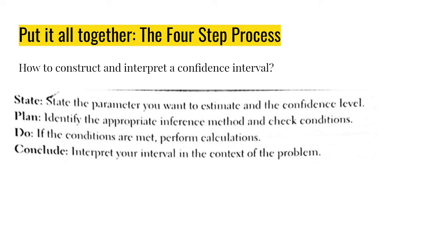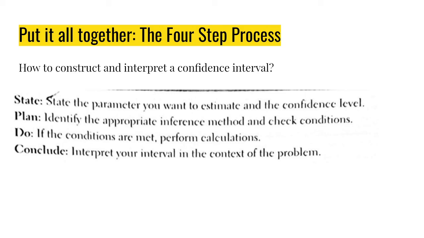In step 2, you also need to check if all the conditions are met. Number 3, if all the conditions are met, you need to perform the calculation, use the formula. And number 4, you need to draw your conclusion according to the confidence interval you find in step 3. You need to interpret a confidence interval in the context of the problem.